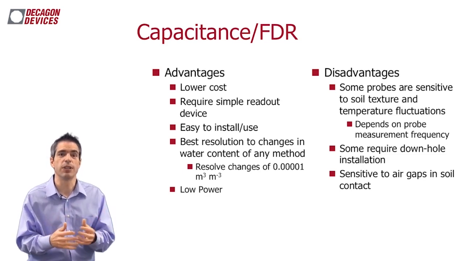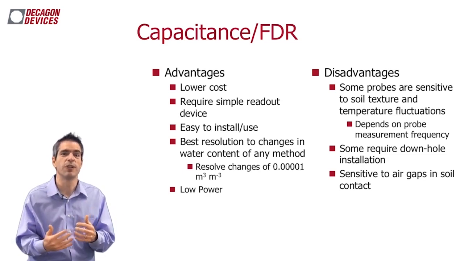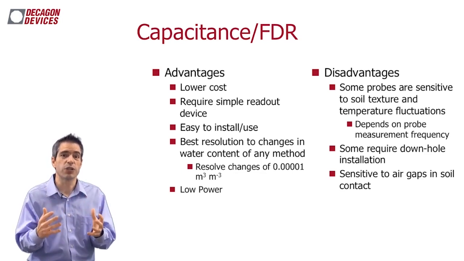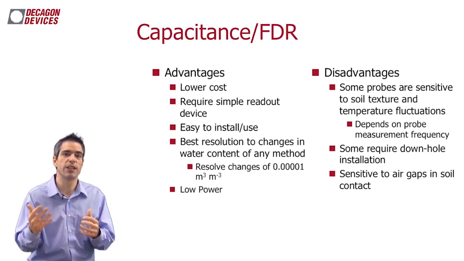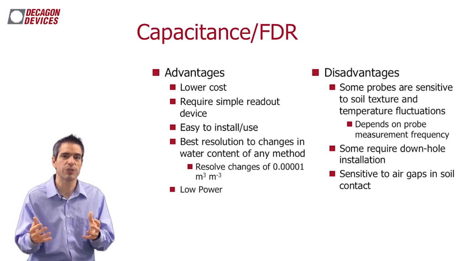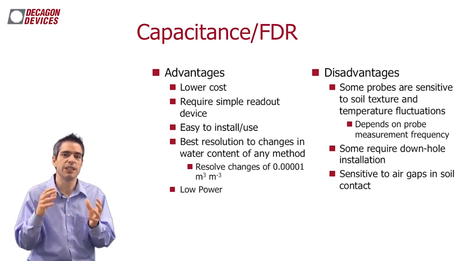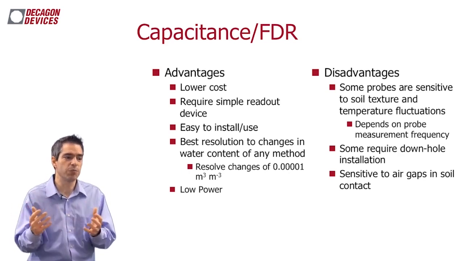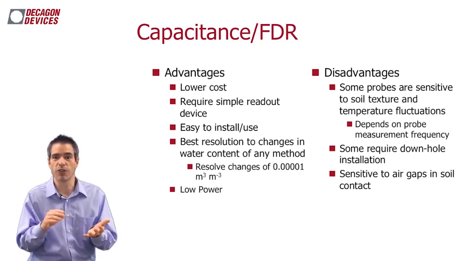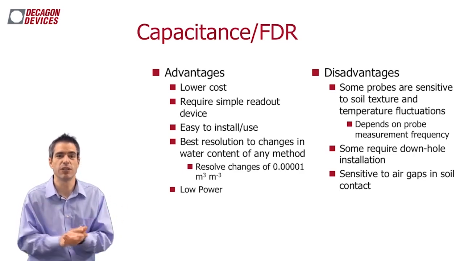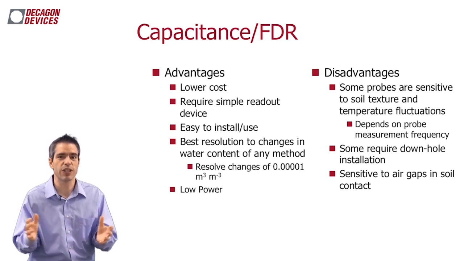Essentially what had to happen is electronics need to improve. And as electronics have improved, we've been able to make these measurements at higher and higher frequencies and reduced the dependence of these measurements on other factors like this EC and highly charged clays, etc.